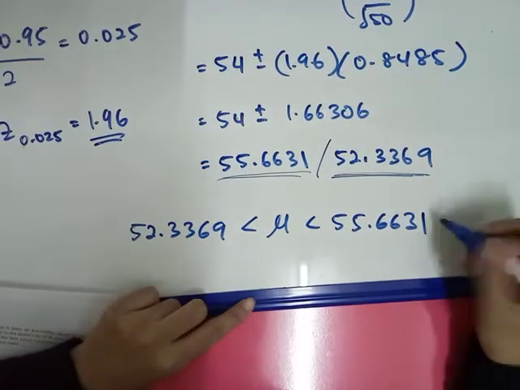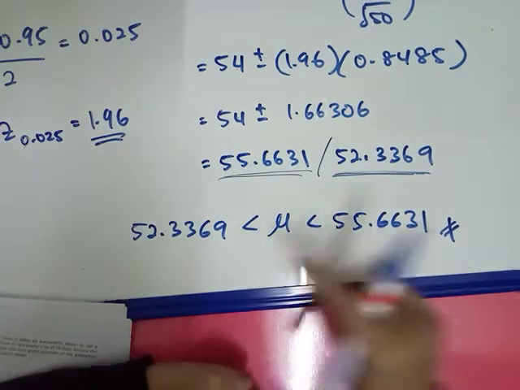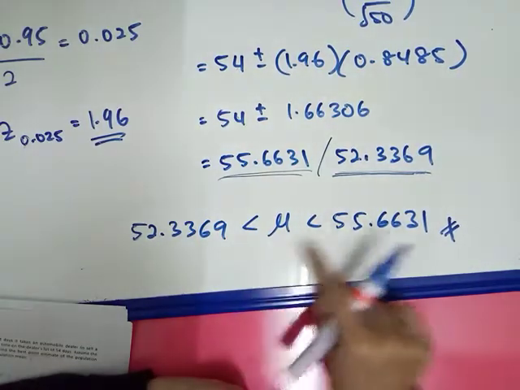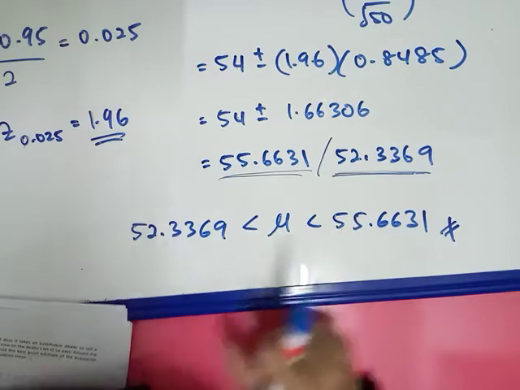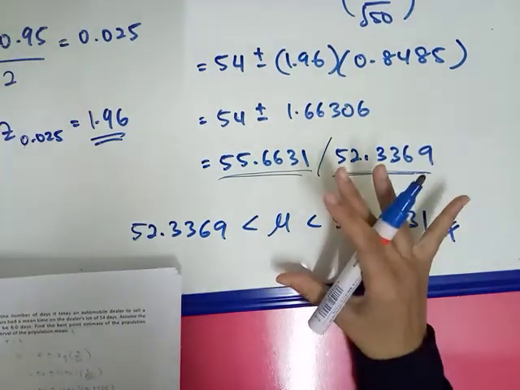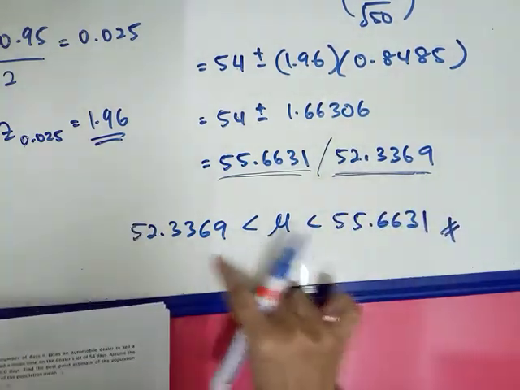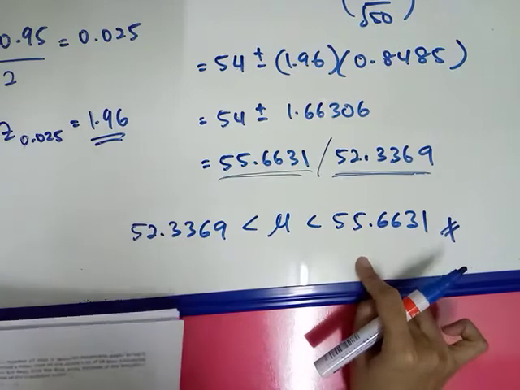So this is the last answer. You have to make it in the range value for the population mean. So we know that this is the true mean for all the numbers of days it takes to sell a Chevrolet Aveo. This is the true mean, the population mean.